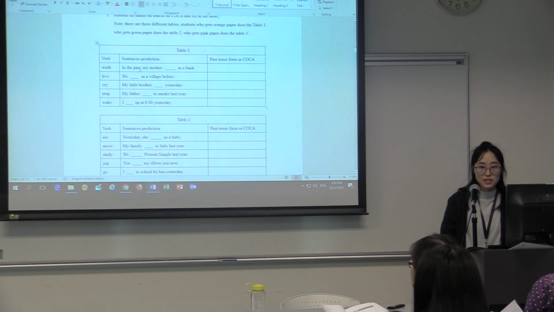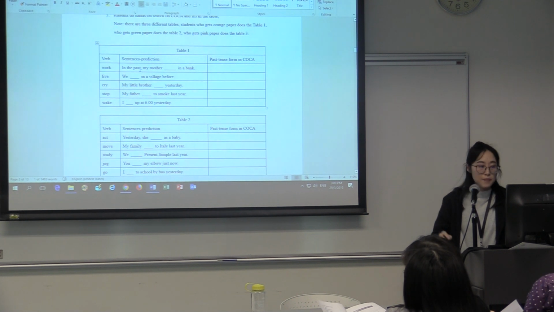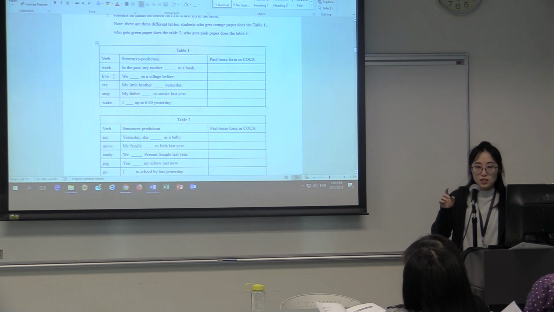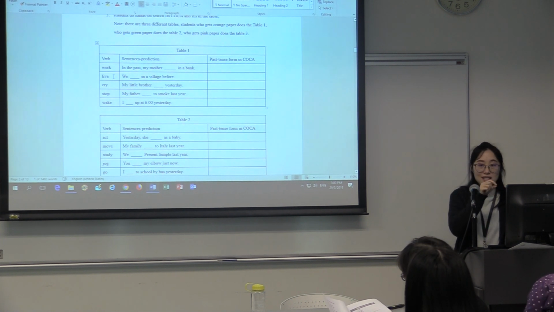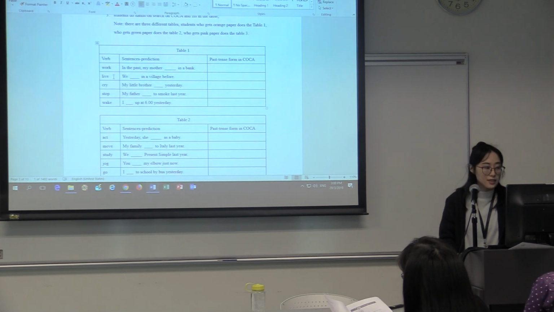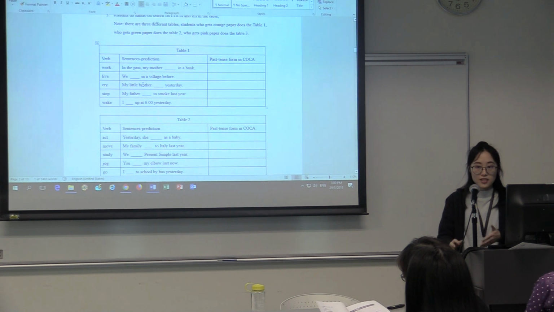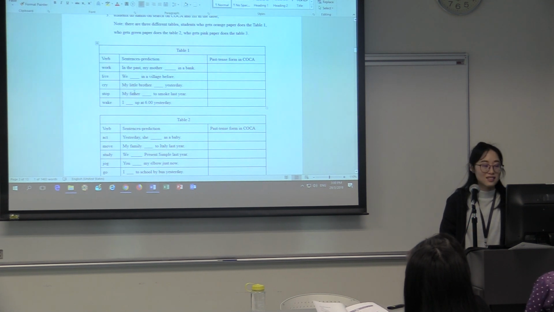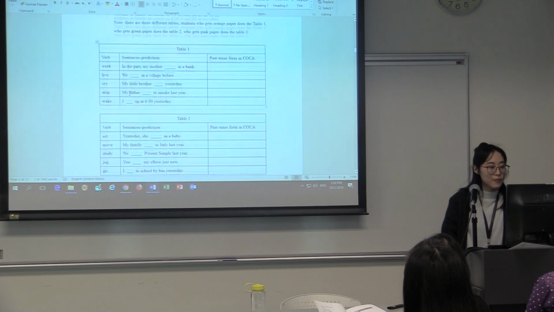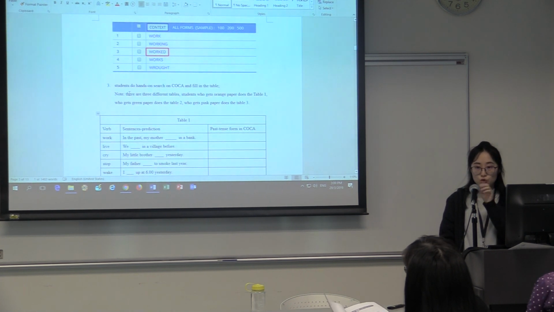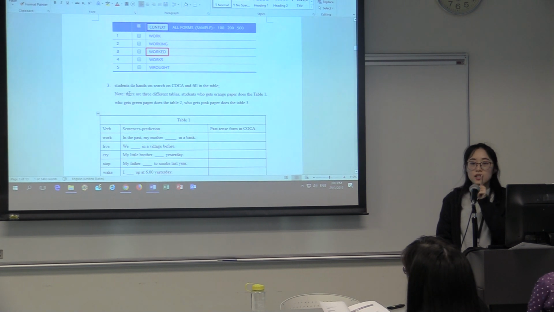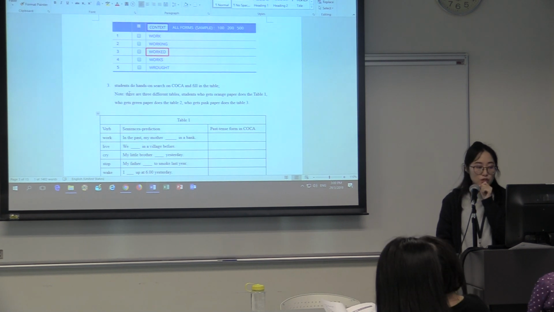For example, worked, just add the suffix ed, and liked, just add d because there is a silent e at the end, and cry, stop, and wake, which is irregular. We divide students into groups of 3 different students.